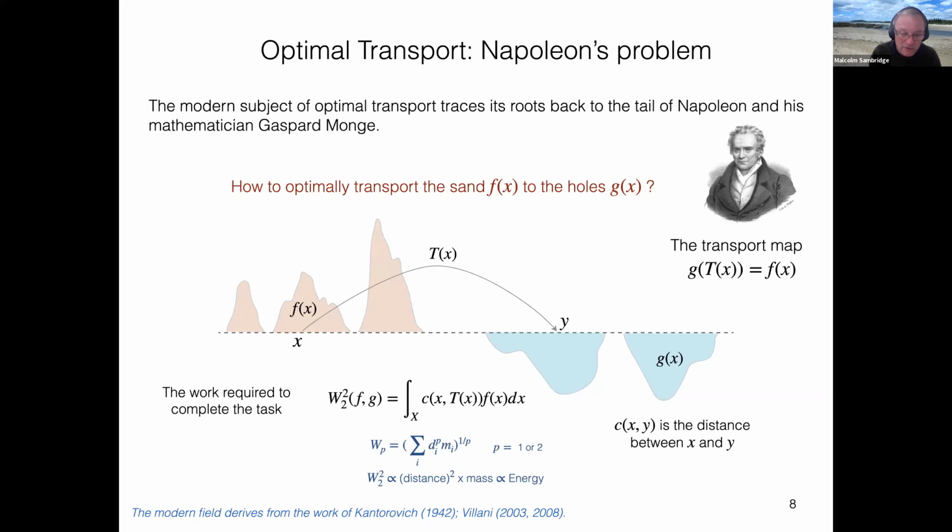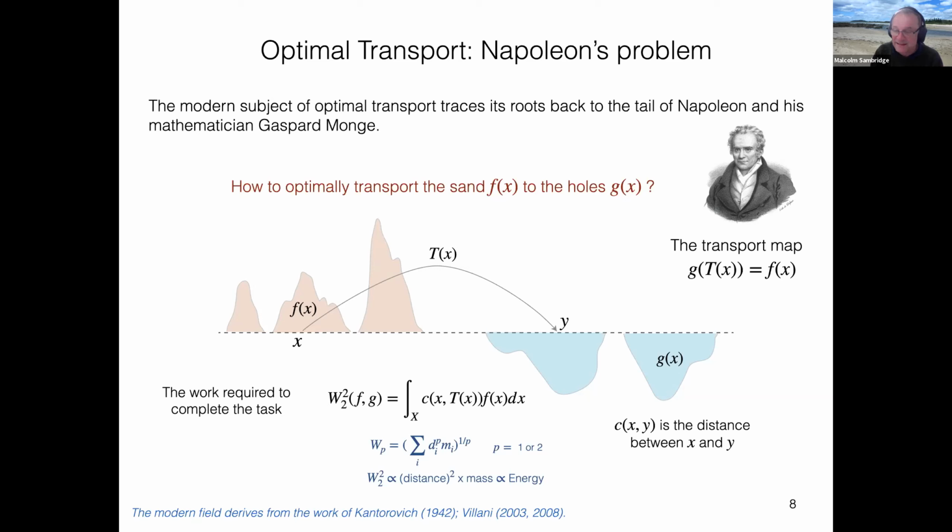And the expression I've got here, W2 squared, is the one posed by Gaspard Monge, where C is my function of distance. It moves X to T of X. And F of X is the amount of sand on the left. So if I integrate C times F over X, that is actually the sum of the squares of the distances times the mass.